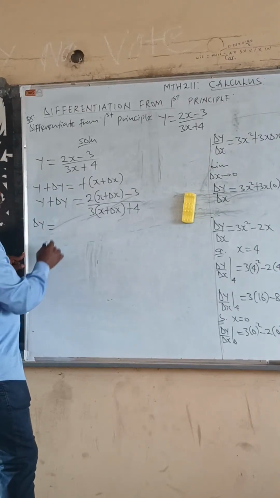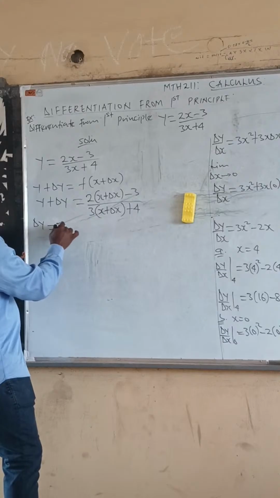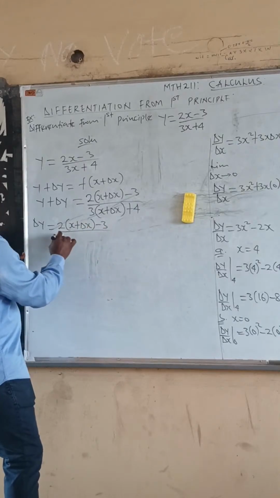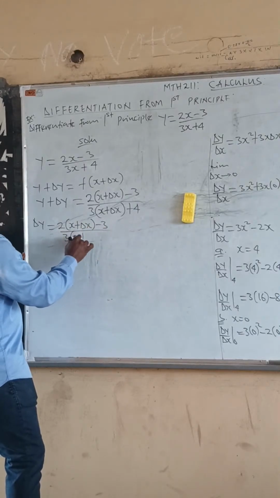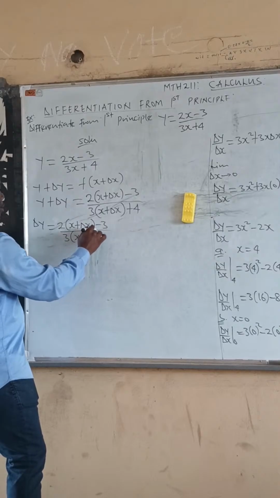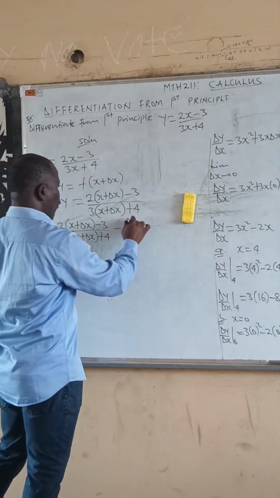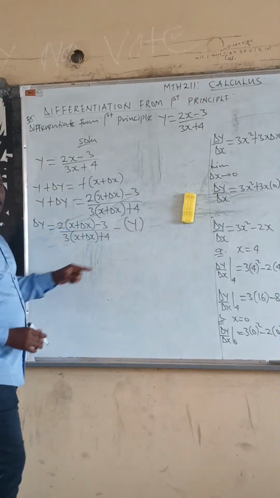Our dy will now be 2 open bracket x plus dx minus 3 all over 3 open bracket x plus dx plus 4 minus y. But what is your y?